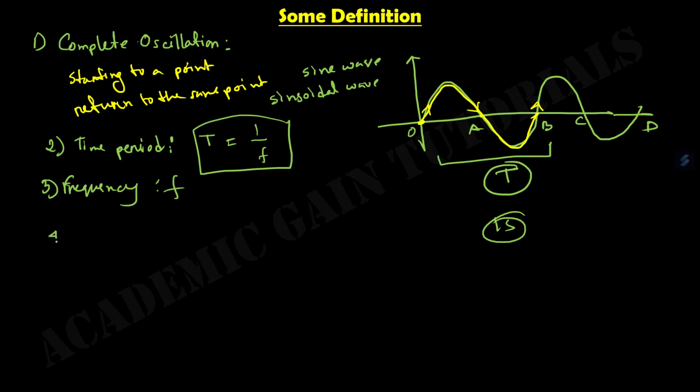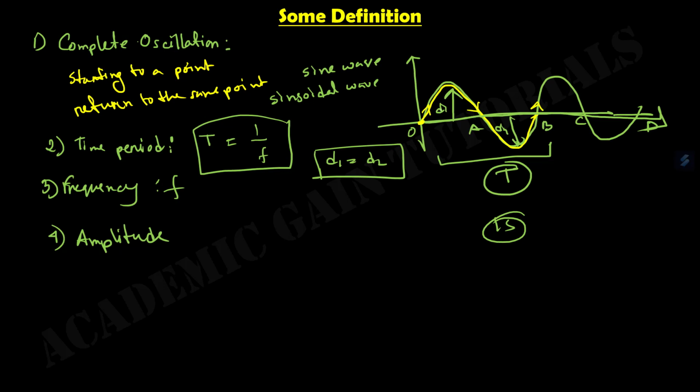Then the fourth term is amplitude. The maximum displacement of the vibrating or oscillating object on both sides of the mean position is called its amplitude. This is our equilibrium position or mean position. Suppose these two distances are d1 and d2, and d1 is equal to d2.